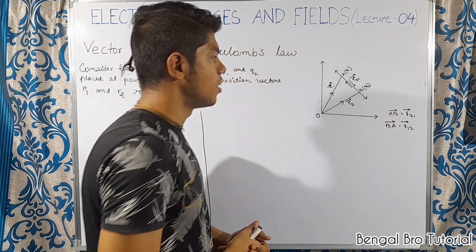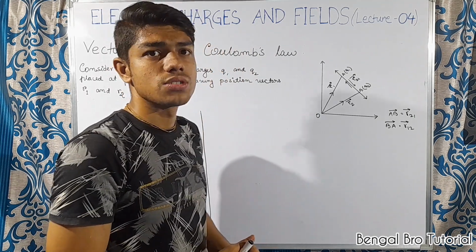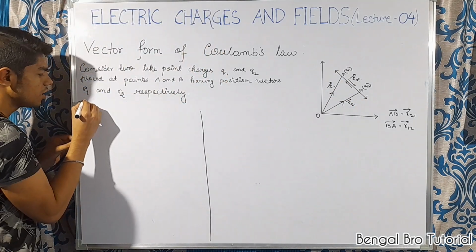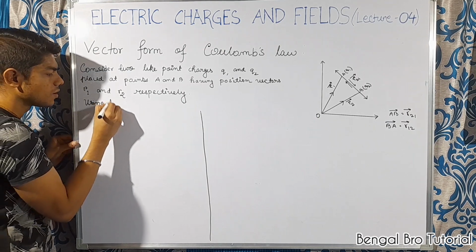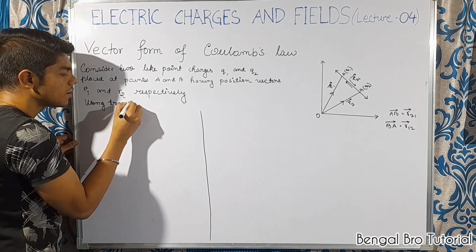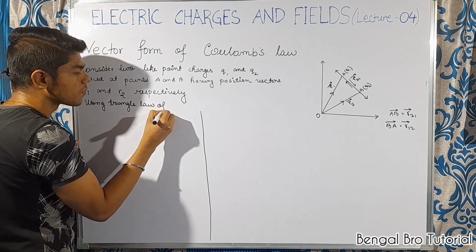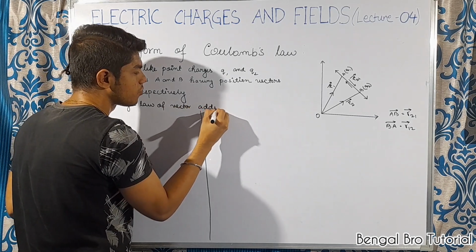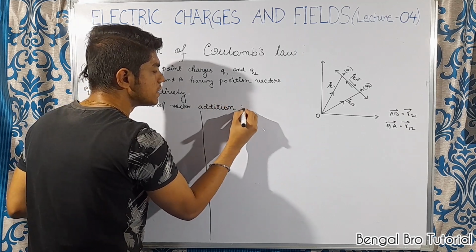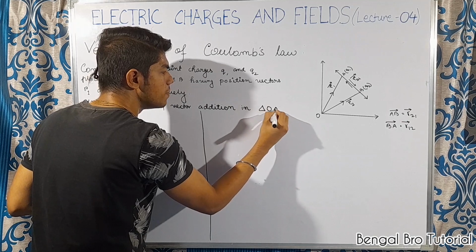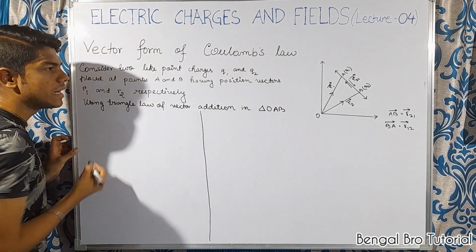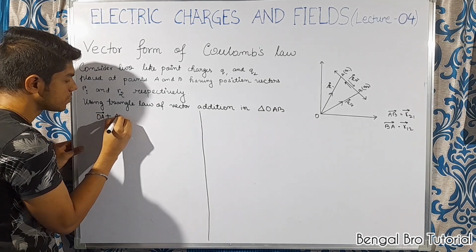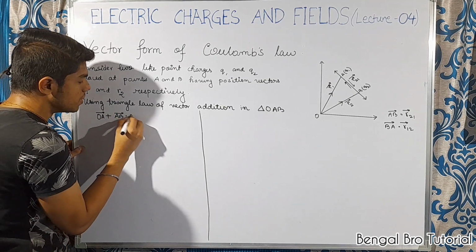Alright. Now if we use triangle law of vector addition in triangle OAB, then we can either write OA plus AB is equal to OB.